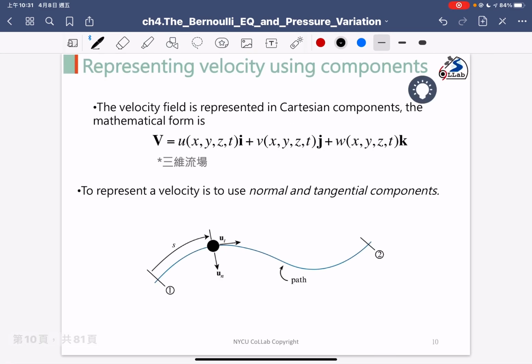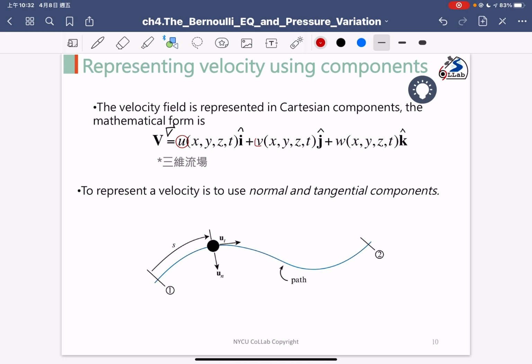Okay, so usually this is our velocity field. This is the vector. And we are looking at the three-dimensional velocity field, so we have the i, j, k unit vectors. For each vector, i is the x direction, and we use the U symbol to describe the velocity along the x direction.